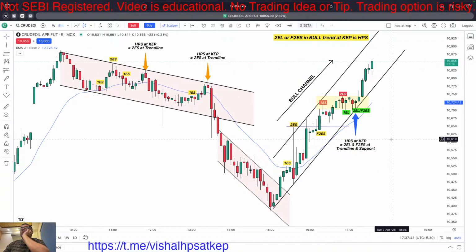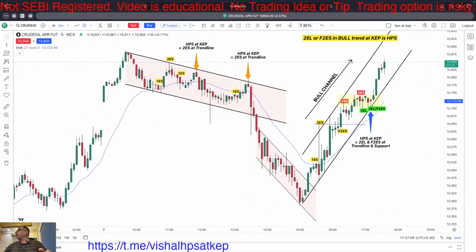Yes, we are going to see a sudden spike and it will touch the channel line. I'm expecting it. I'm expecting a very big spike here. Expecting a big spike pull.